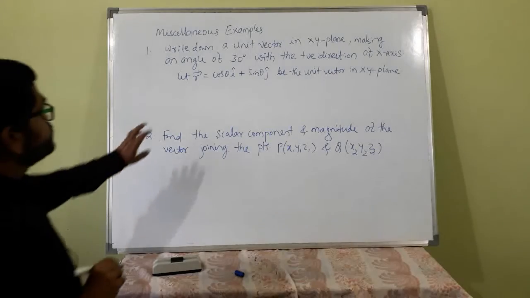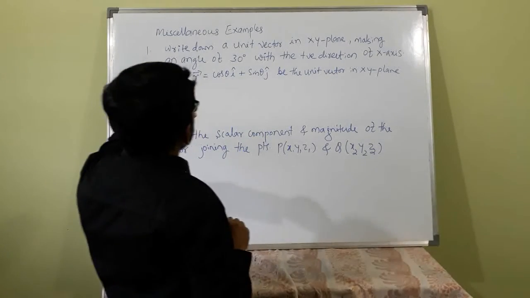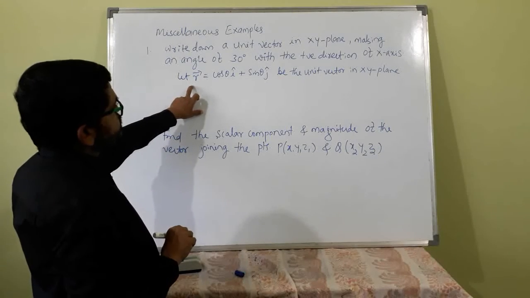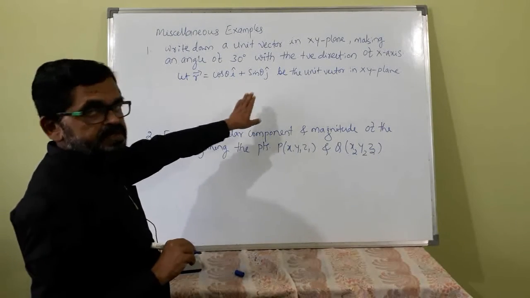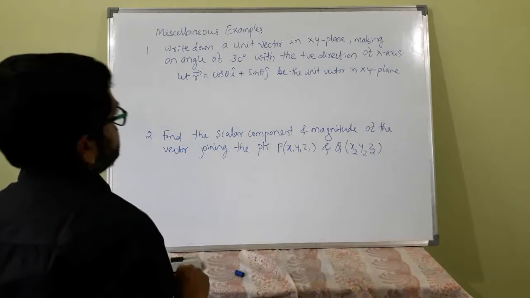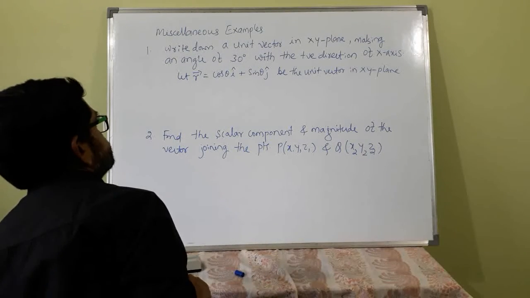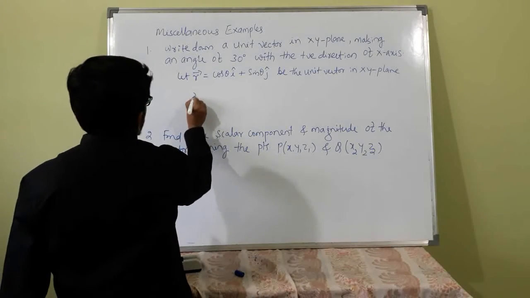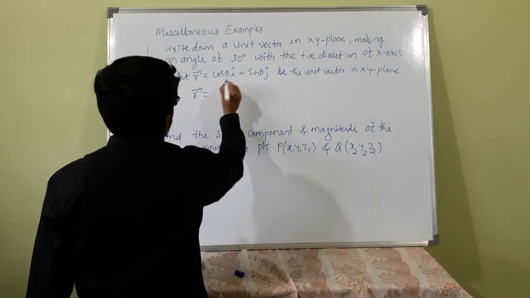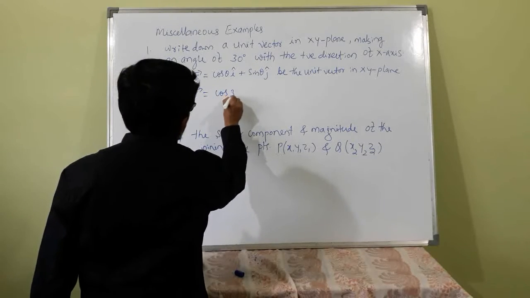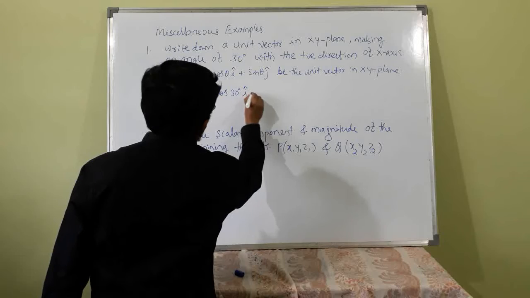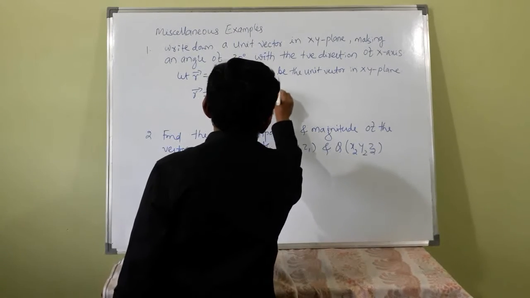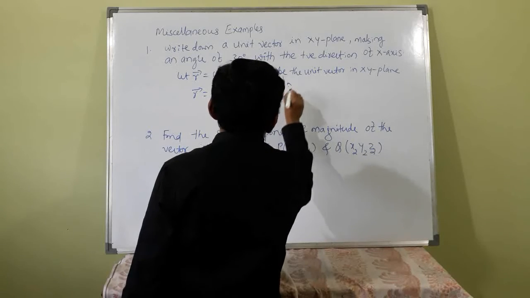Okay, remember, whenever angle is given, you have to use this form as r cap is equal to x i cap plus y j cap. Here x is cos theta, y is sin theta. Okay, that is equal to cos 30 degree i cap plus sin 30 degree j cap.